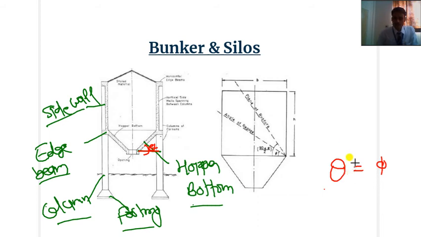The value of theta should be greater than phi. By keeping the angle with this relation only, at that time we can move out the material of the storage bin with the help of the hopper bottom. For self cleaning of the material, the angle theta should be greater than the angle of repose.